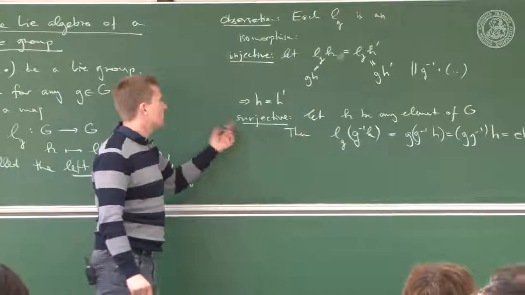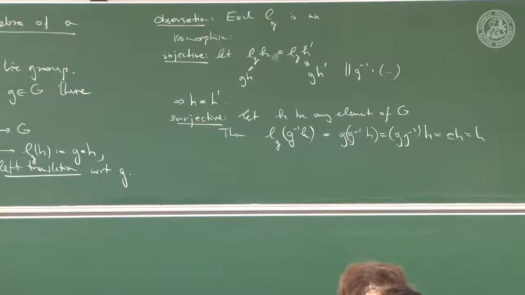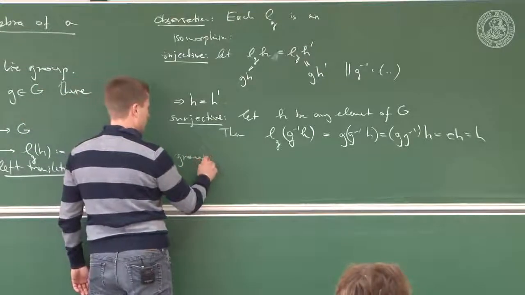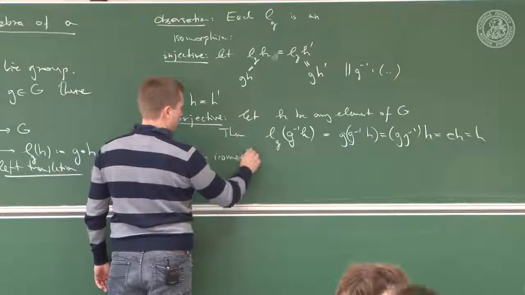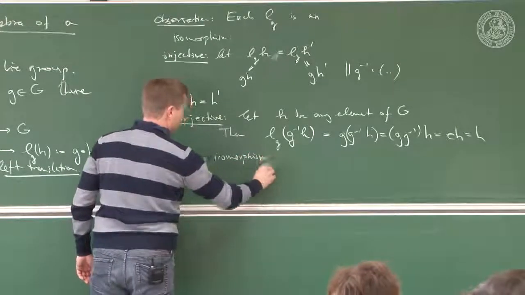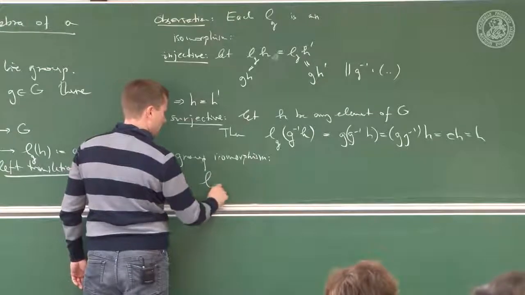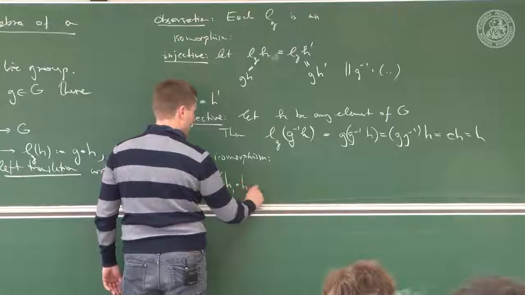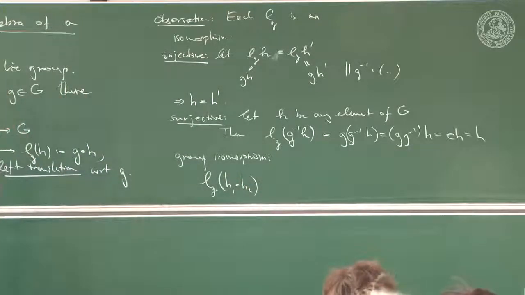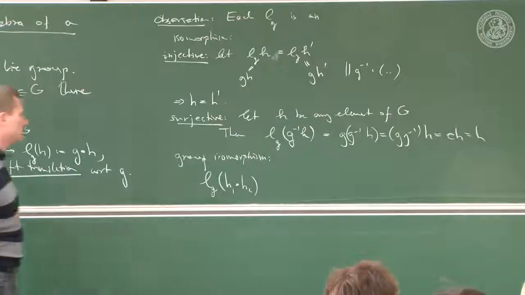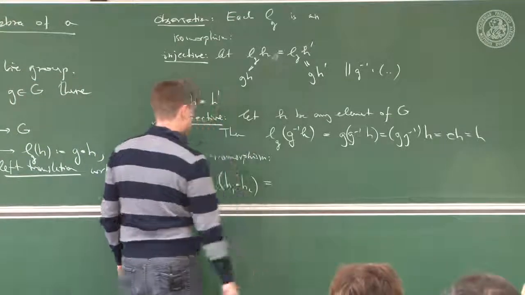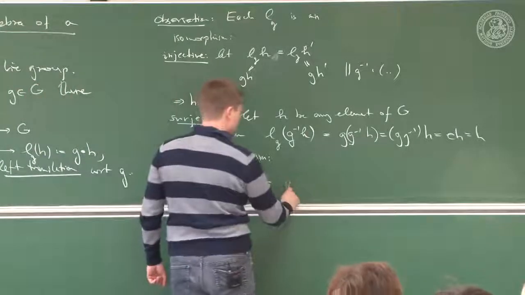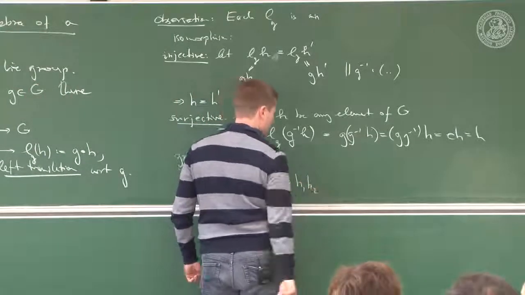Now, is it also a group isomorphism? Well, we have to check whether it's a group isomorphism, because we already have the bijectivity. We only need to check what happens to L_g of h1 group operation h2. Right? So this yields g h1 h2.